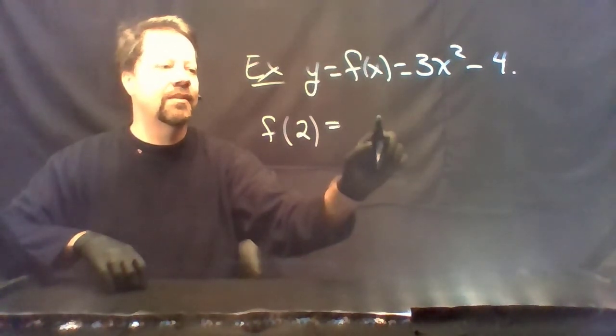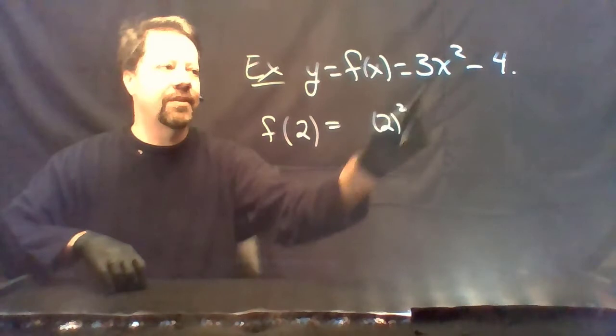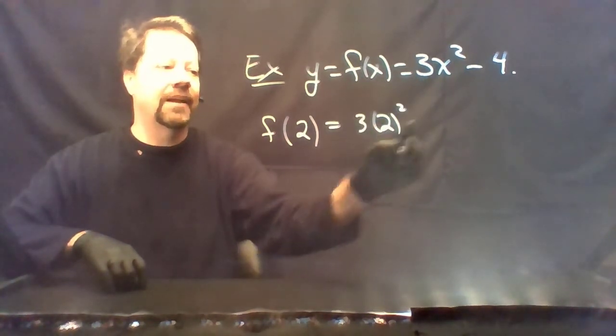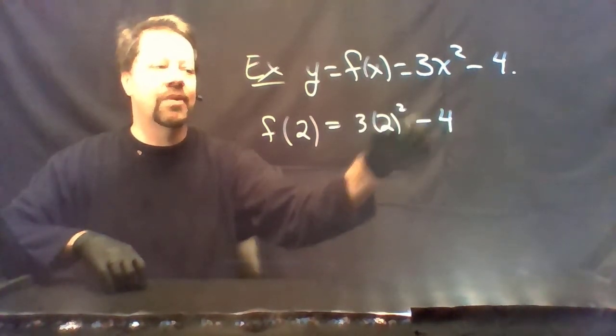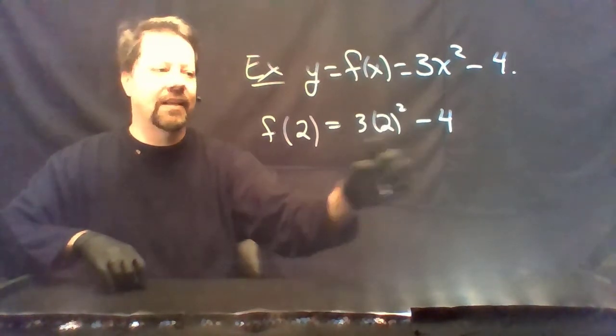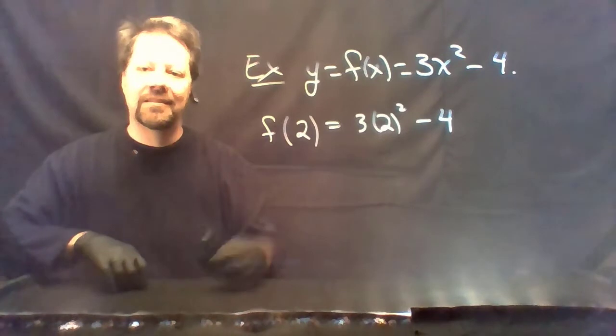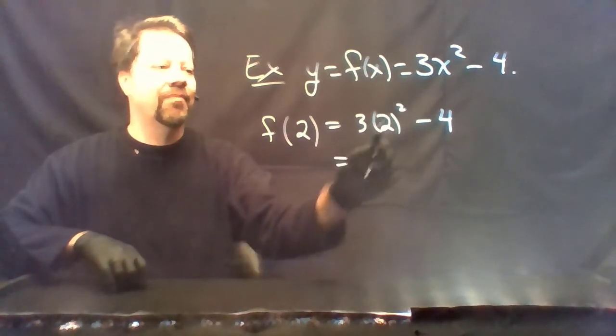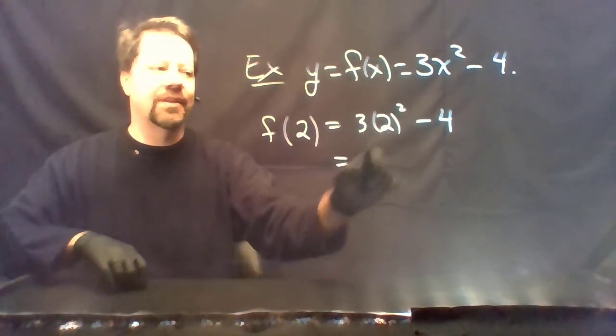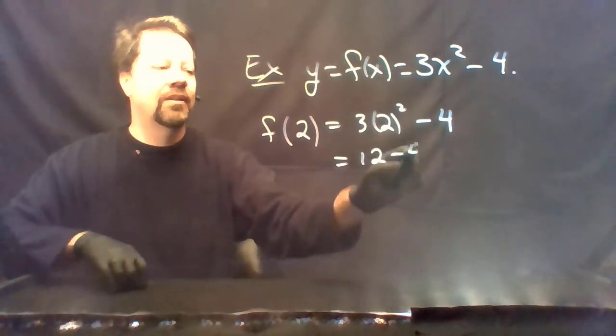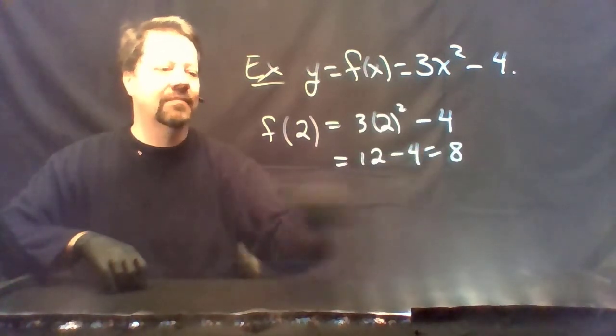It says to square the 2 and then multiply by 3 and then subtract 4. It gives you an algorithm to follow to find the output y for the input x. 2 squared is 4, times 3 is 12. 12 minus 4 is 8.